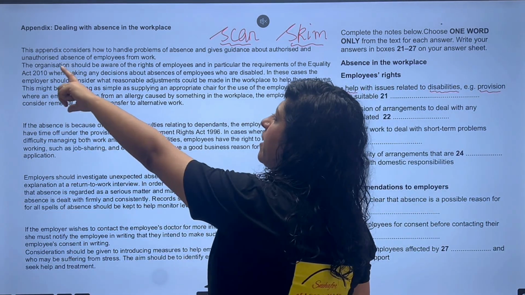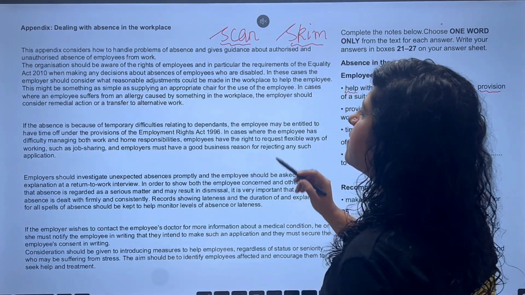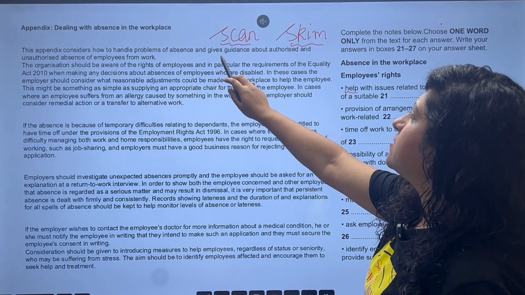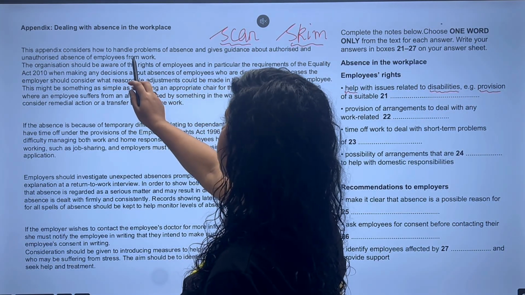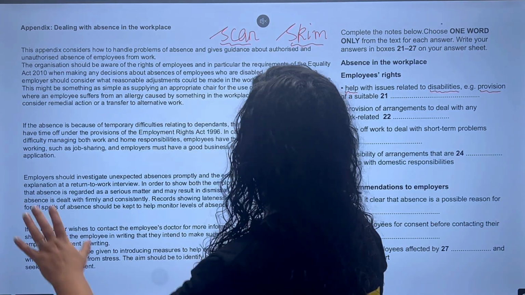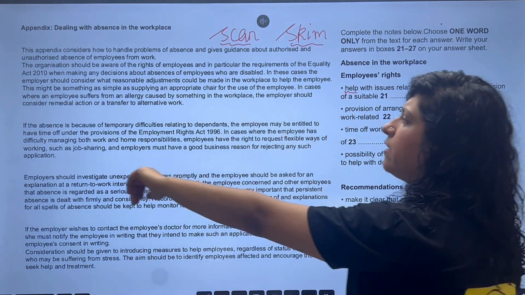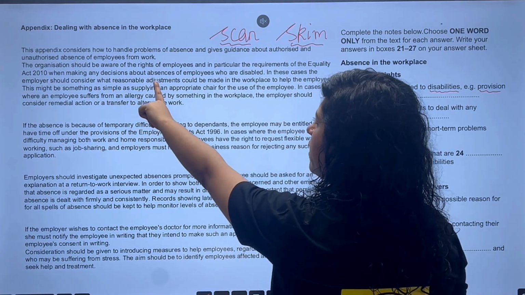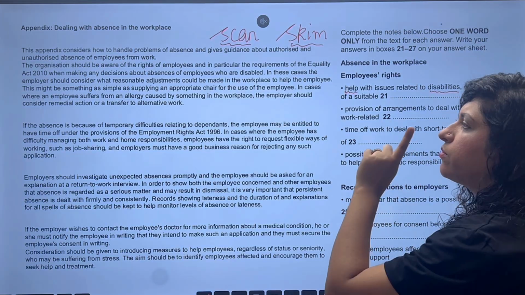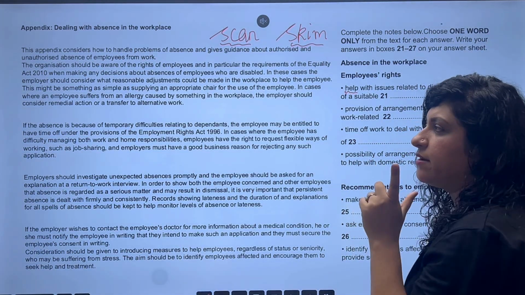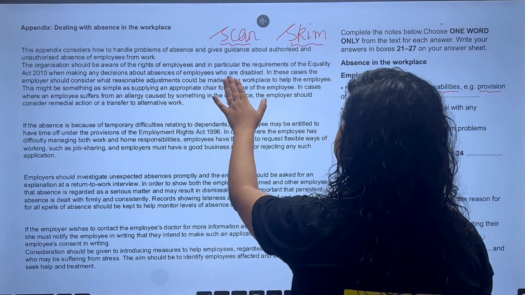I move my eyes very quickly around the beginning. This appendix considers how to handle problems of absence and gives guidance about authorized and unauthorized absence of employees from work. Here, I cannot see any of these keywords, so I keep on reading. The organization should be aware of the rights of employees and, in particular, the requirements of the Equality Act 2010 when making any decisions about absences of employees who are disabled.